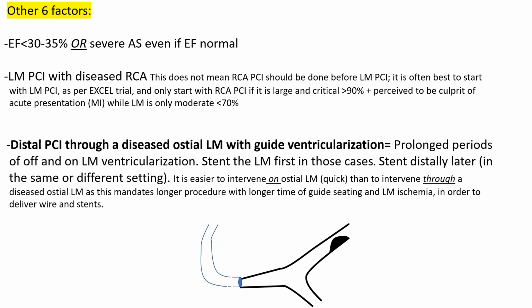Key idea: if you expect, for whatever reason, that you will have guide ventricularization off and on during your case, that's an extra reason to consider LV support, but the first thing to consider is to limit left main ventricularization and fix the left main first if it is significant. Because even with LV support, guide ventricularization is a horrible thing and your patient will crash even if you have Impella.